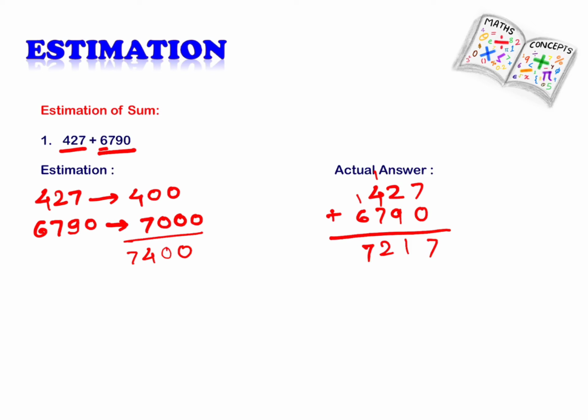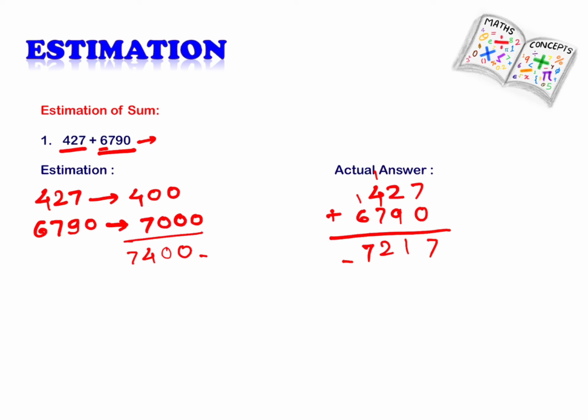Okay, 7217. The answers are close, but if you round off this number to nearest hundreds, the answer will be even closer. Okay, your estimate will always be closest when you round it off to nearest tens. The difference between your estimate and actual answer will be more as you go on rounding off the numbers to hundreds, thousands, 10,000s and so on.